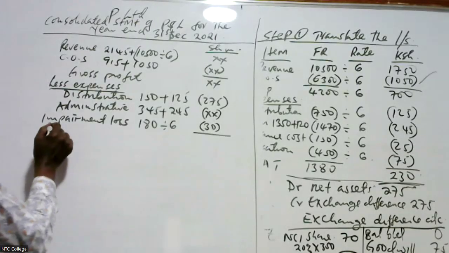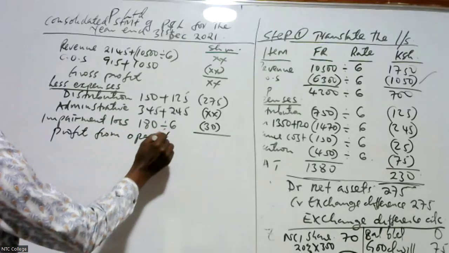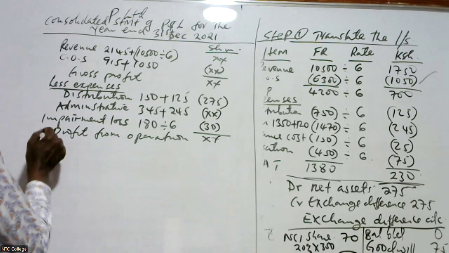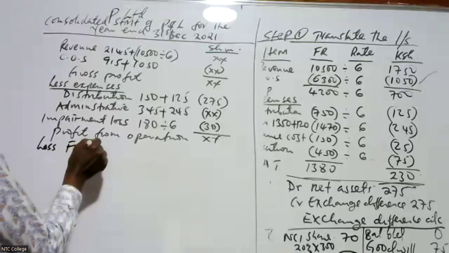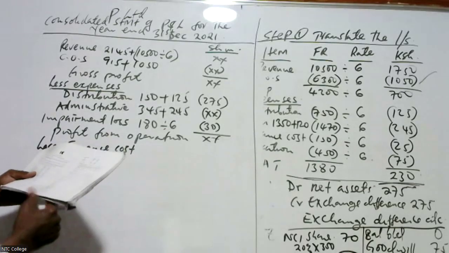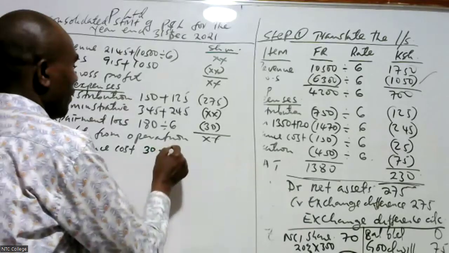Then we get profit from operation. I believe for you, you will not be putting XX. You will be putting real figures there. Then we come to less finance cost, which is the one for H, 30, plus the one for S, which is 25.